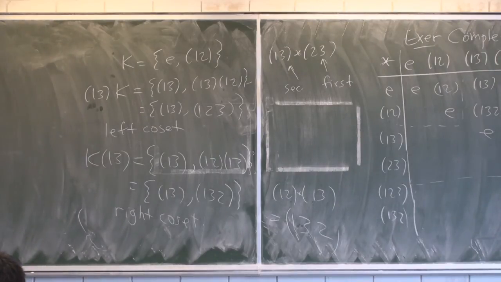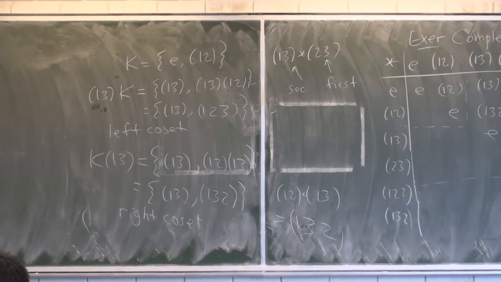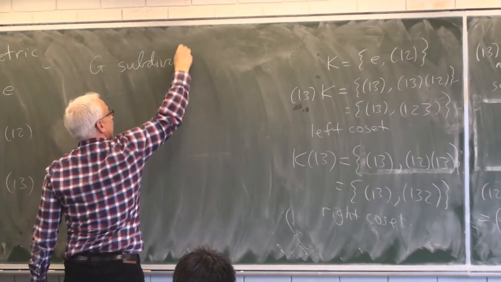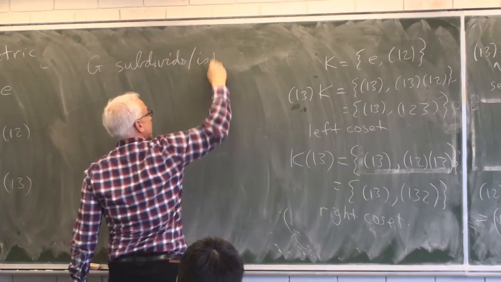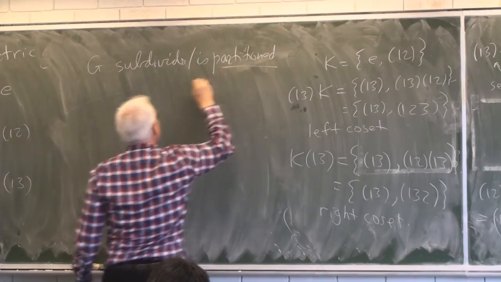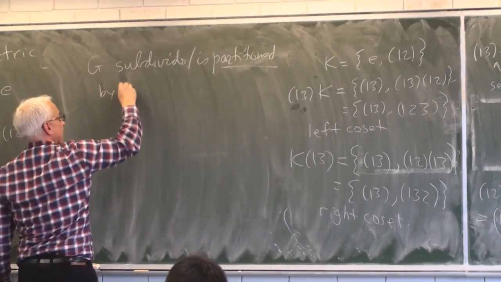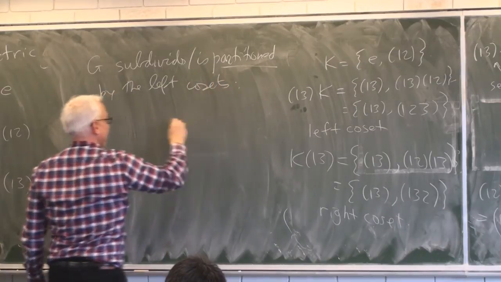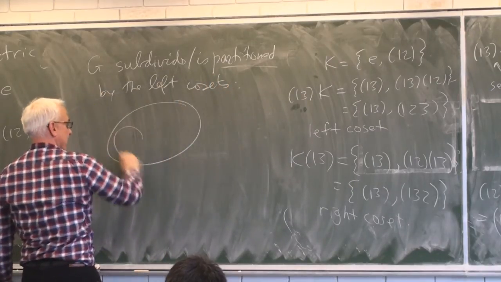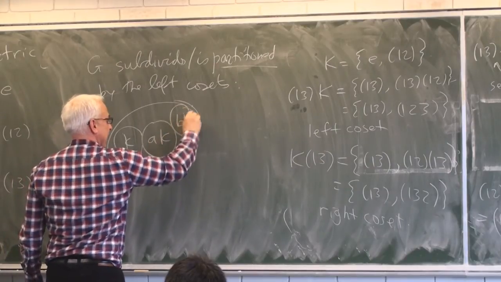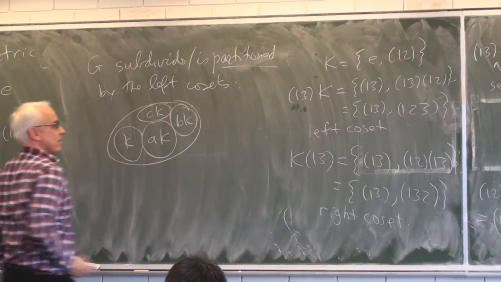So the story that we get is that G subdivides, or is partitioned, by the left cosets. So for example, if there's G, then there might be K, and there's AK, and there's BK, and there's CK.